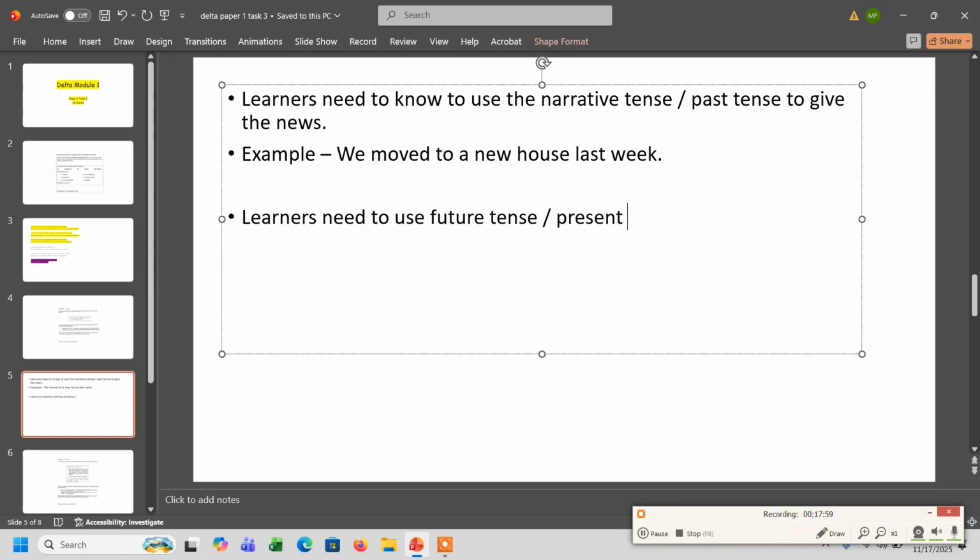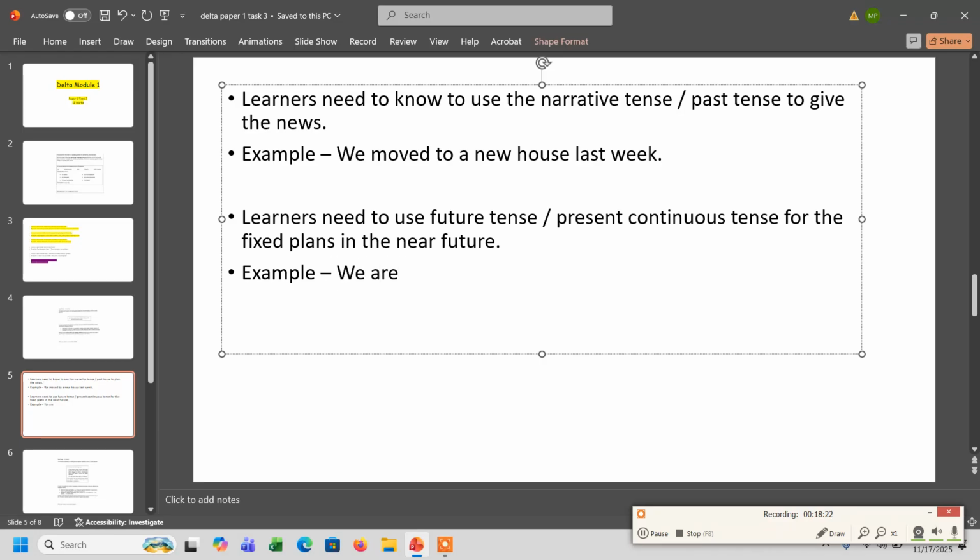So present continuous tense for the fixed plans in the near future. So example would be like we are having a housewarming party this Sunday.